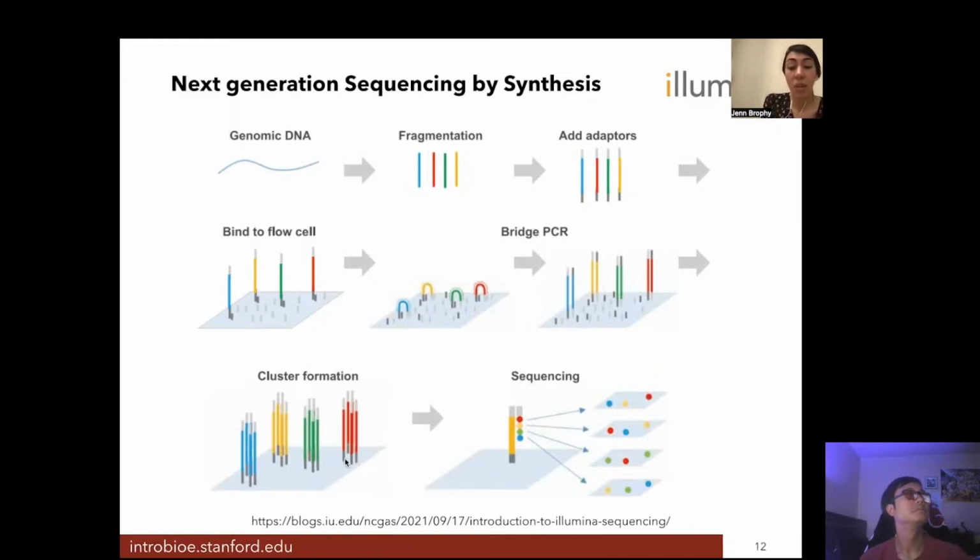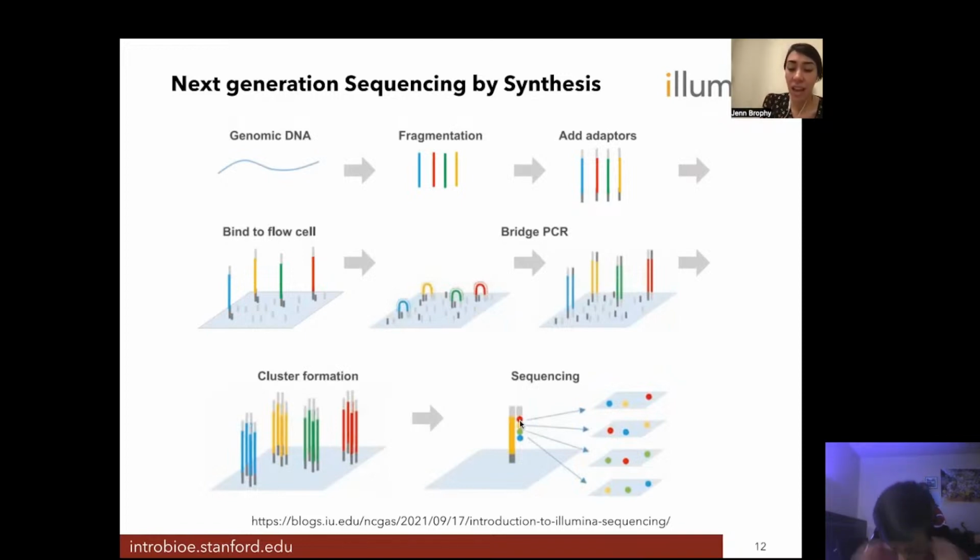And then what you do is you flow across this chip a solution of nucleotides that are each terminating, but they have a special chemistry. So they're terminating in that you can only incorporate one of these bases at a time. And each one of the bases is color coded.